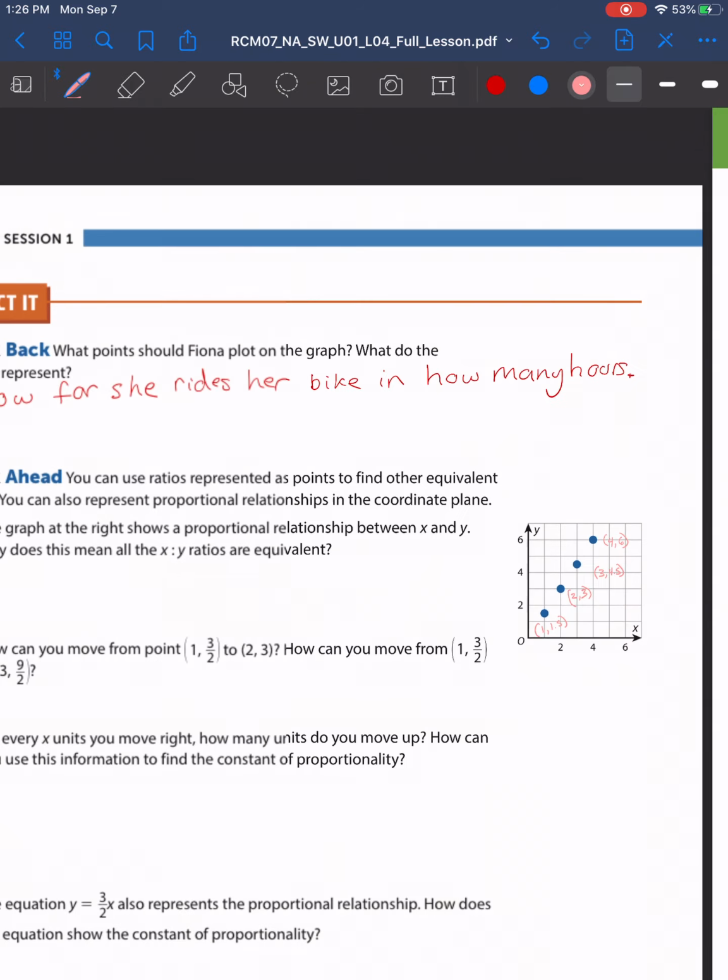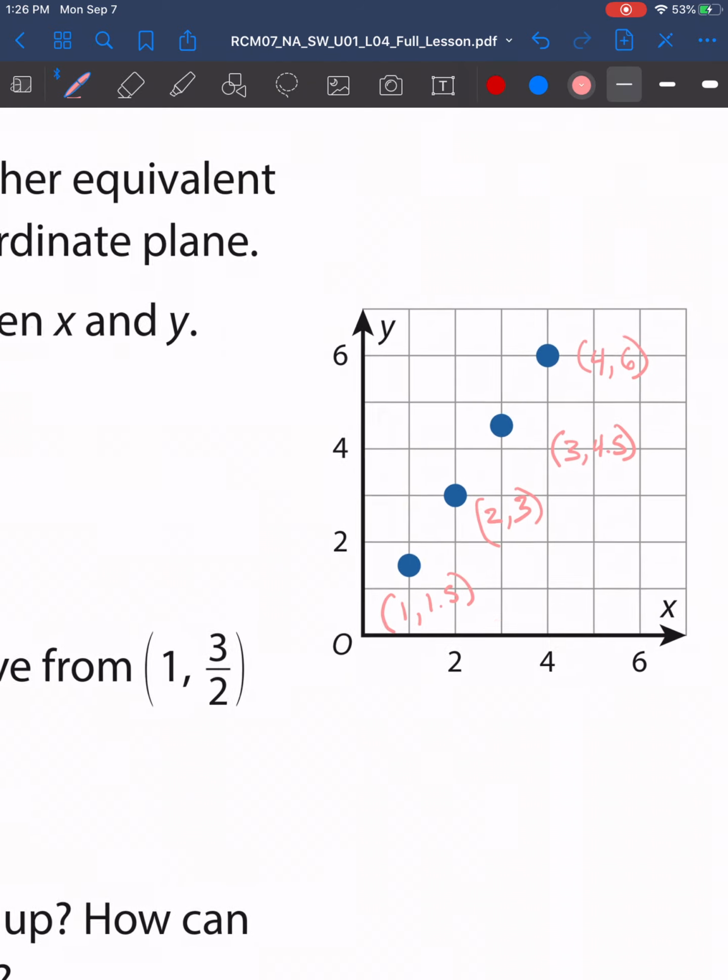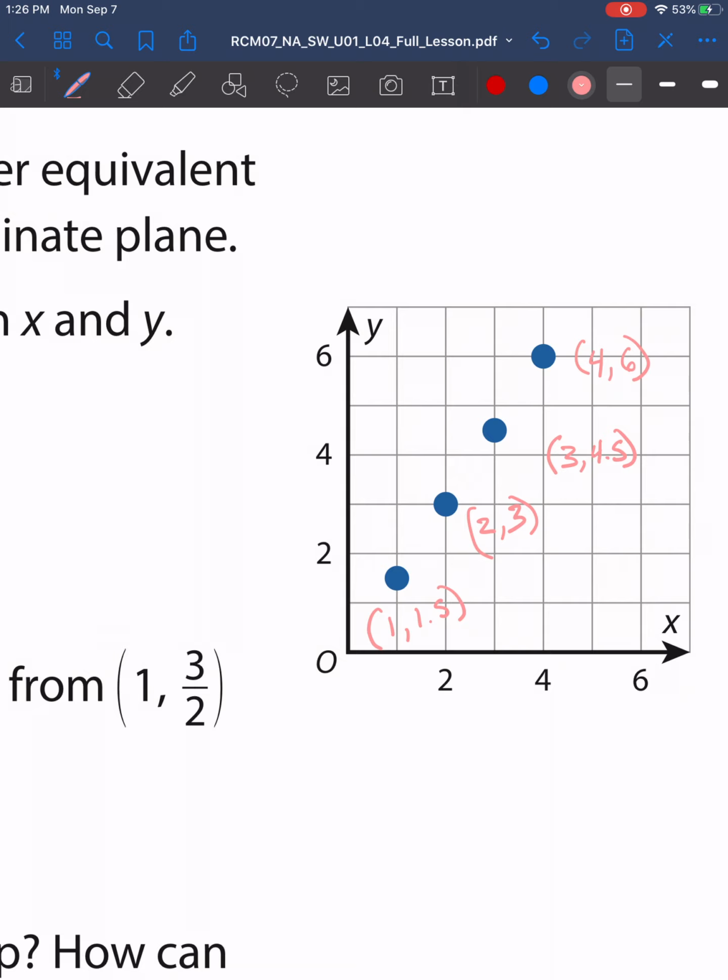Okay, I can tell that there is a rise over run. Can you guys see a rise over run? Let me do the rise over run in red. From here to here, how far do I have to go? I have to go up 1.5, so my rise is 1.5, and then I have to run 1. Let's see if this is a constant proportionality.